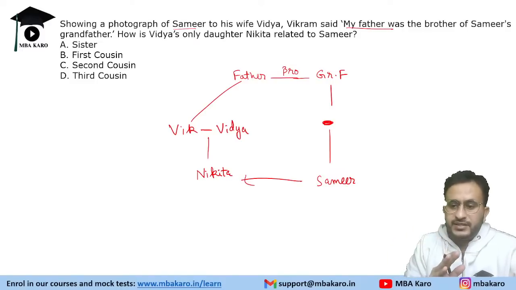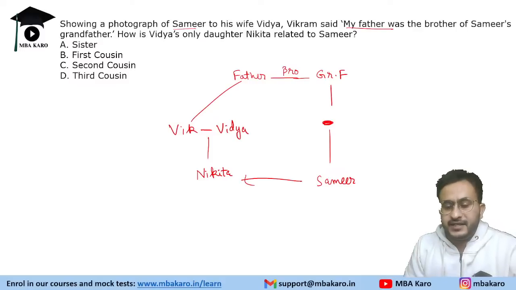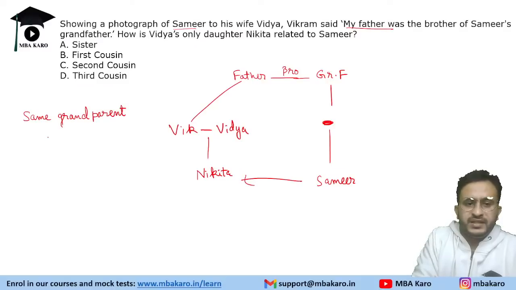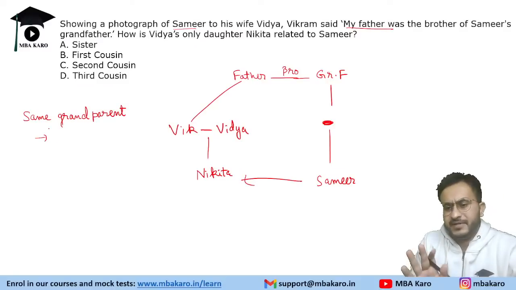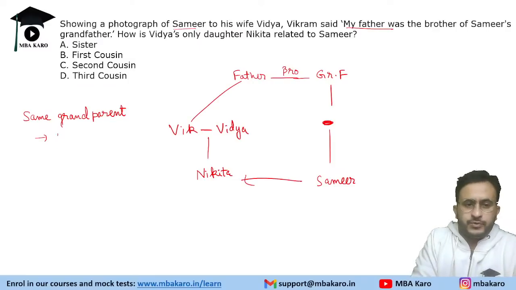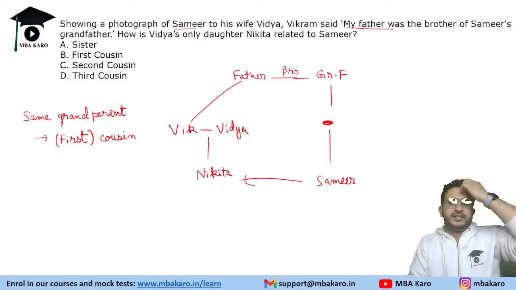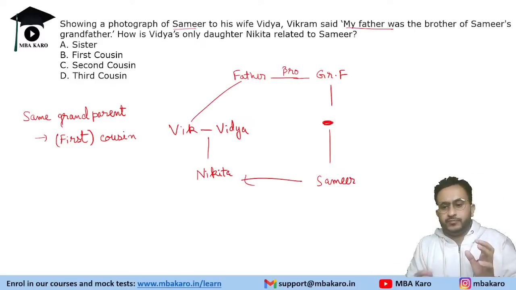What is first cousin, second cousin? This concept, right? If you have the same grandparent, then you are first cousins or simply cousins. This is what we call cousins or first cousin, that is, if you have the same grandparent. So your cousins are whom?